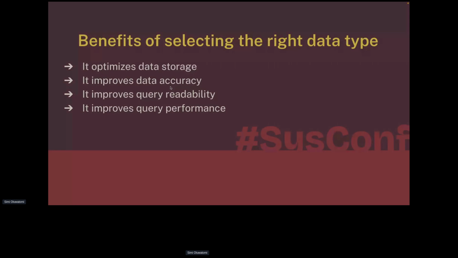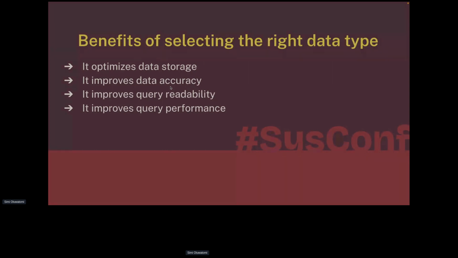So the question is, are you using the right data type? Because at the end of the day, you want to make sure you are not using too much storage or too little storage. For instance, if you want to store Nubank bank account numbers, which are always 10 digits, then it doesn't make sense storing them in a column that is stored as 2 gigabytes on disk. So that is one benefit.